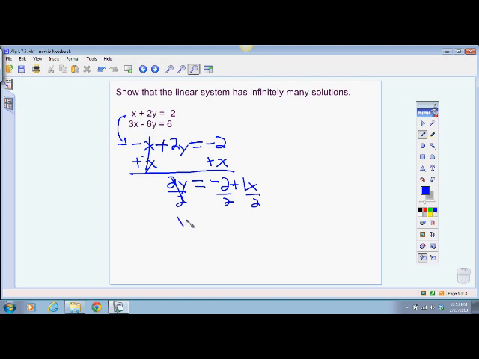Two divided by 2 is 1y. Negative 2 divided by positive 2 is a negative 1. And then we have our 1/2 x. Okay. And let's do the same for our second equation.